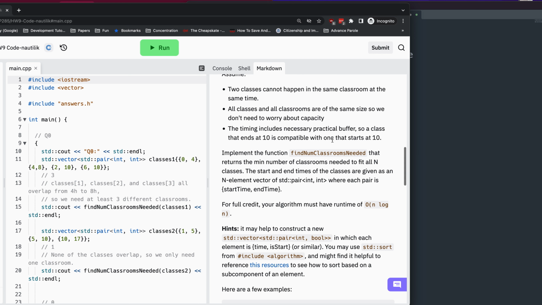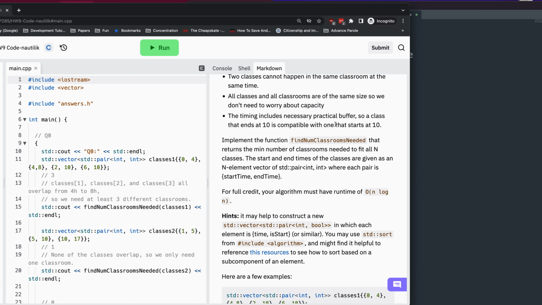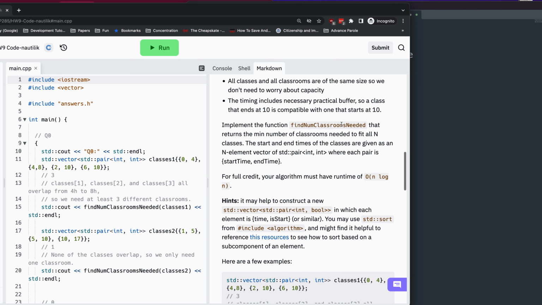You can have a class that ends at 10 and a class that starts at 10, and they can use the same classroom. If one class is from 12 to 1, and another is from 1 to 2, you only need one classroom, because as soon as the first class ends, the next class can take over.